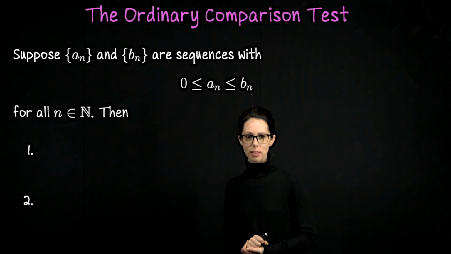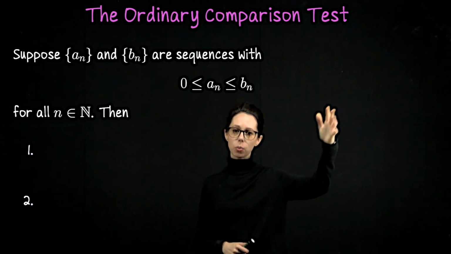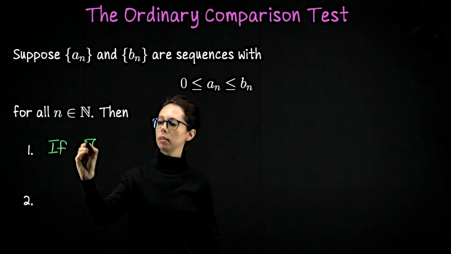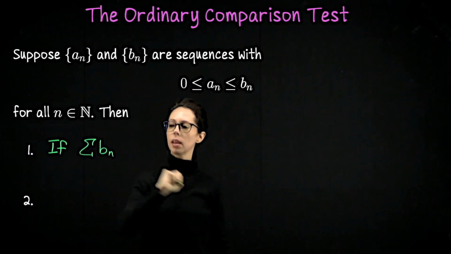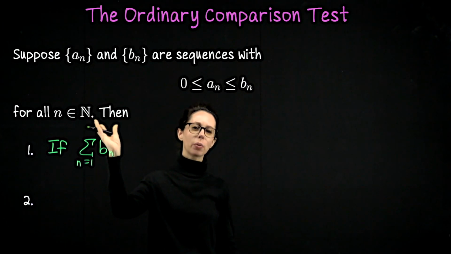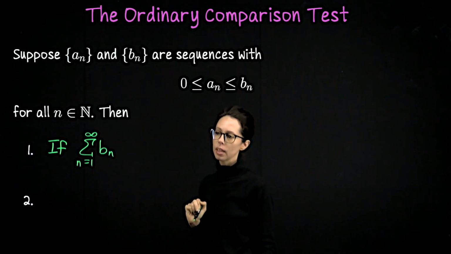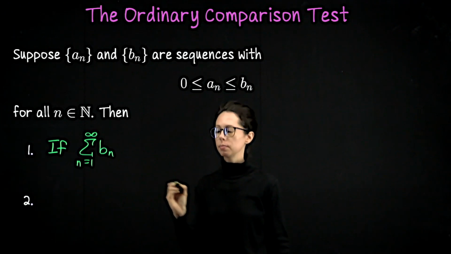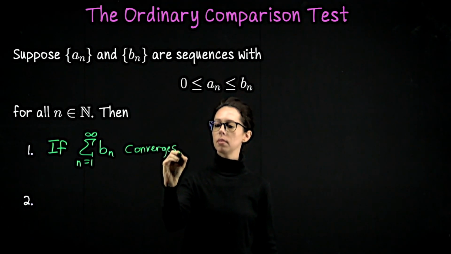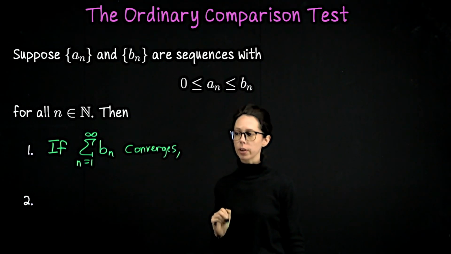The first statement says if Bn forms a series which converges, so if I take those terms and add them up into a series Bn, where it doesn't matter where I start indexing, but let me write n equals 1, could be n equals 0, any lower index, but this is an infinite series. If this series converges, then the series that we would get from the terms a sub n also converges.